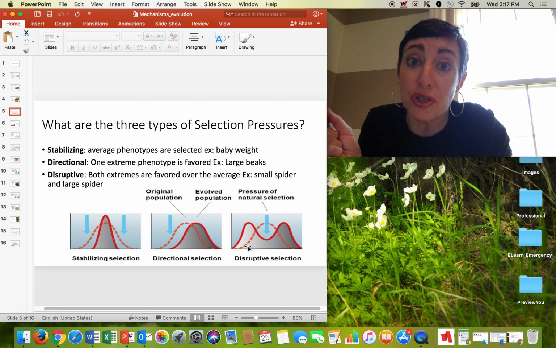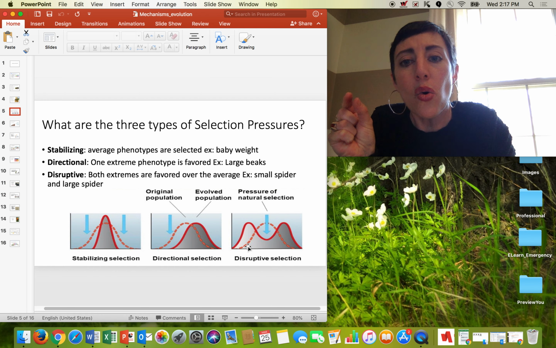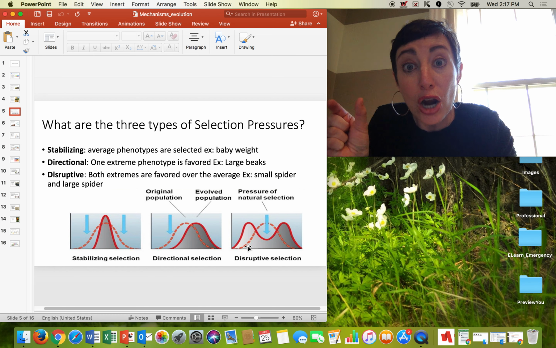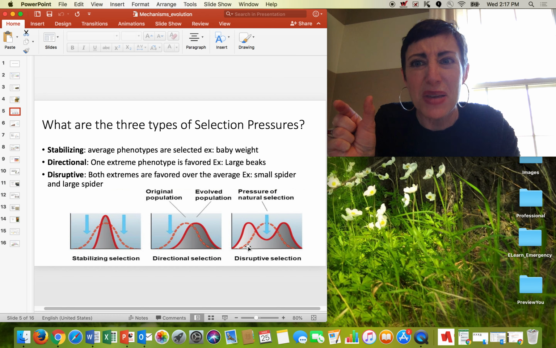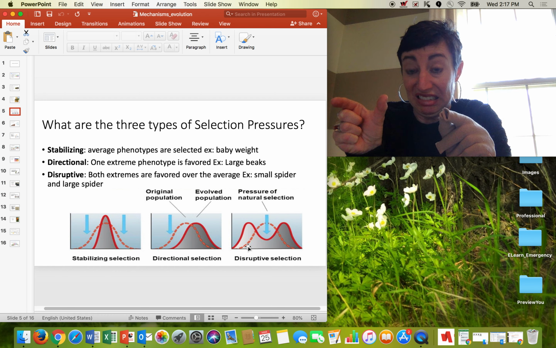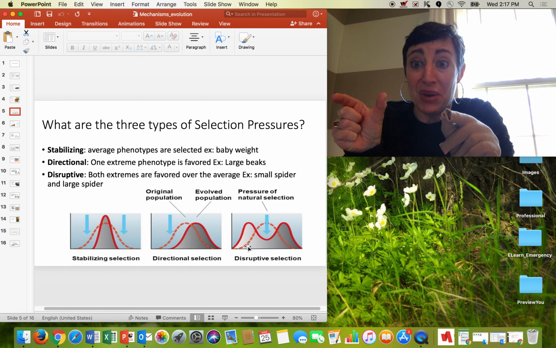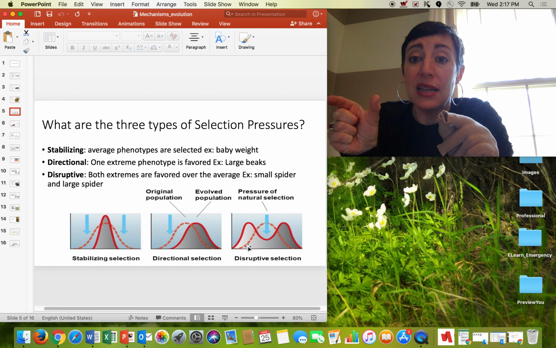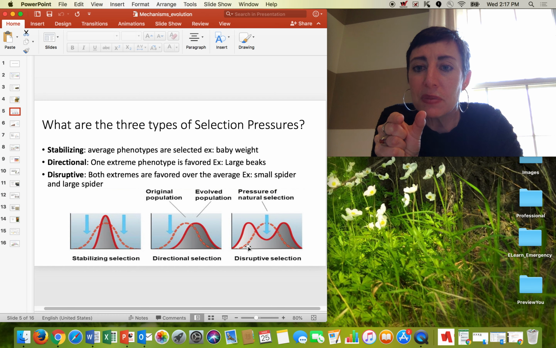They can pass on the trait for teeny size. Or you might have a real large spider that maybe is too big for the birds to eat. And so it's, again, the extreme. So we've got the real little teeny ones, and then we've got the really big spiders. I don't like spiders. But both extremes are being selected as opposed to a medium spider that all the birds are eating.